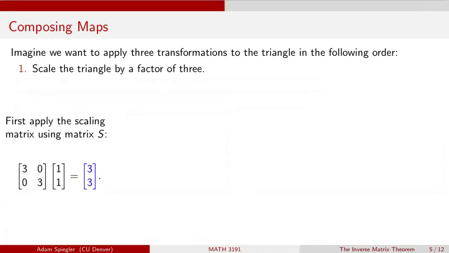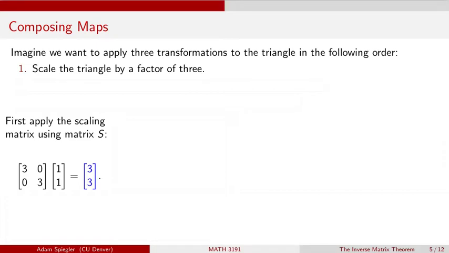And recall that transformation is given by matrix S, which has its first column 3, 0, and its second column 0, 3. And if we took one of the vertices of that triangle that we were looking at in the previous slides, then that first vertex at 1, 1 under this scaling map got mapped to 3, 3.